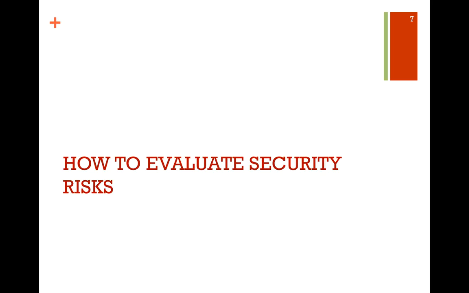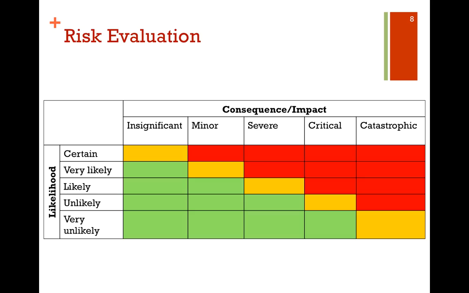Now let's see how we can evaluate the security risk level of a threat scenario in terms of likelihood and impact. The risk value of an unwanted incident or of a threat scenario is computed based on the risk evaluation matrix. The matrix has on the rows the possible values that the likelihood can assume, while as columns the possible values that the consequence can assume.